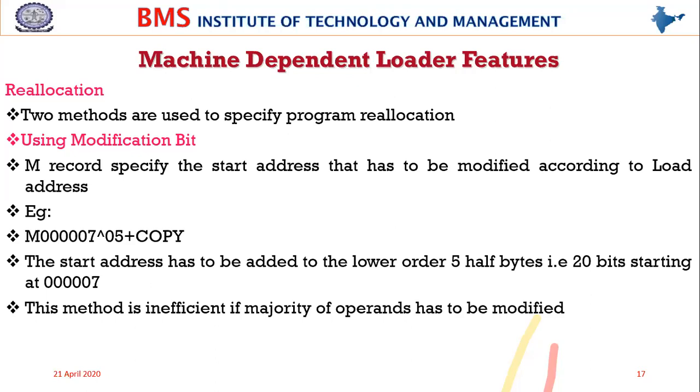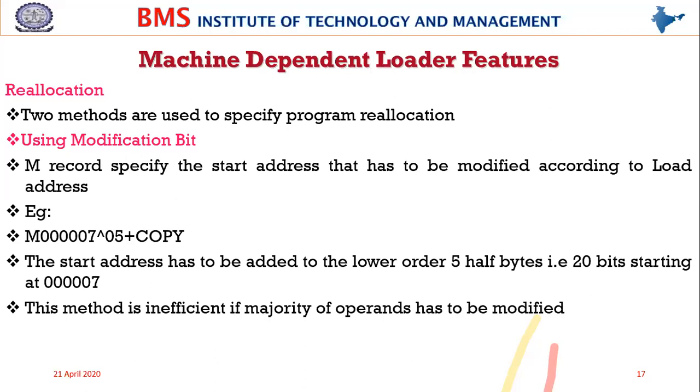But it is a distance, either positive or negative, relative to PC or relative to the base register contents, so the distance remains the same wherever the program is loaded. So no effect happens with the format 3 instructions. So no need of relocation.